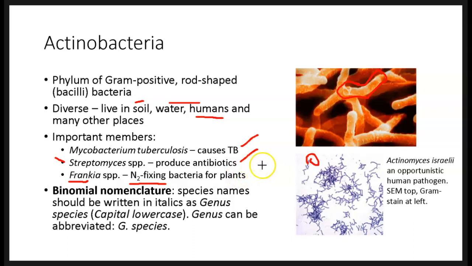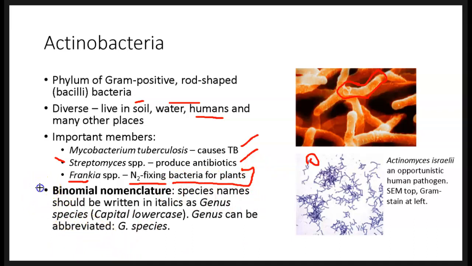But nitrogen gas isn't chemically available for our cells to use in chemical reactions. These bacteria are able to fix nitrogen and turn it into a chemical form that plants can then use to make their cells, and then we in turn can eat the plants and get that nitrogen into our bodies. Right? So without these nitrogen fixing bacteria, we wouldn't have nitrogen to use for building our cells.